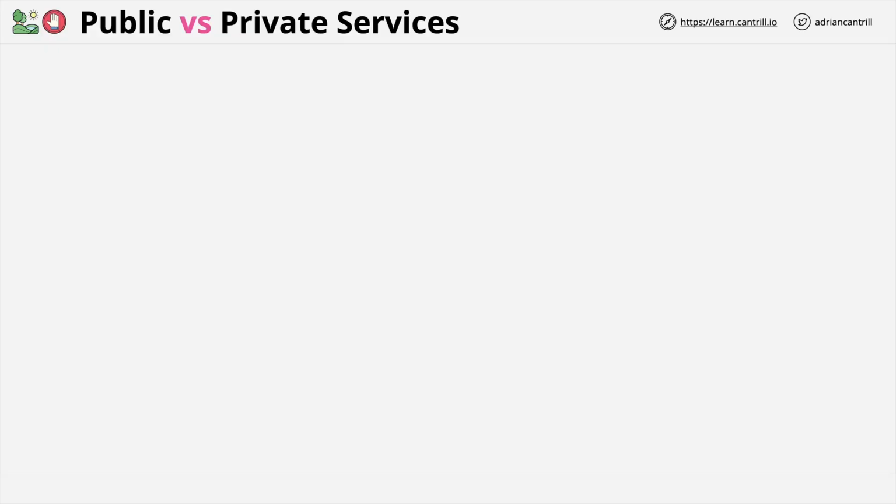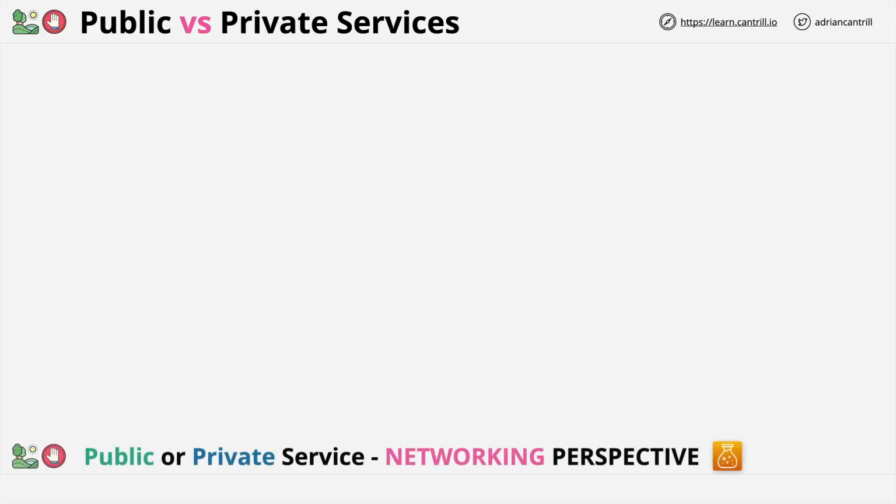When you hear the term AWS private service and AWS public service, it's referring to networking only. A public service is something which is accessed using public endpoints, such as the simple storage service known as S3. S3 can be accessed from anywhere which has an internet connection.